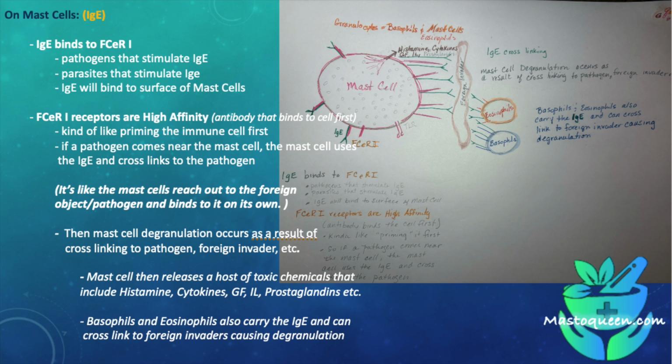And as we've previously learned, mast cells release a host of toxic chemicals that include histamine, cytokines, growth factors, interleukins, prostaglandins, etc. Basophils and eosinophils can also carry the IgE and cross-link to foreign invaders, causing degranulation. And in order to do this, they're all using Fc receptors to bind.